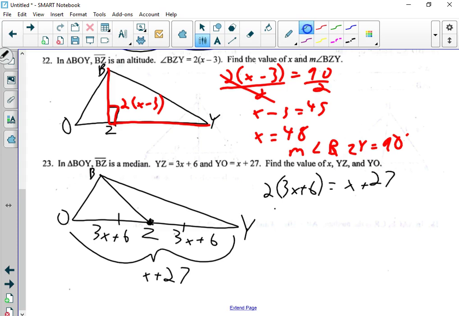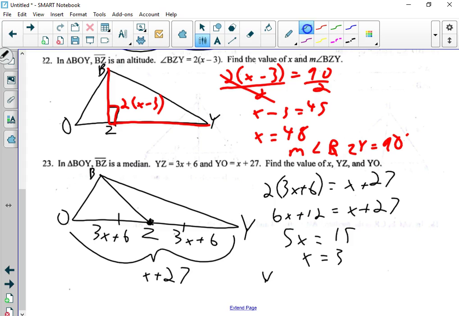And when I distribute 2, guess what I'm going to get? 6x plus 12. Subtract x, I get 5x. Subtract 12, I get 15. Divide, I get 3. Plug it in. 3 times 3 is 9. 9 plus 6 is 15.